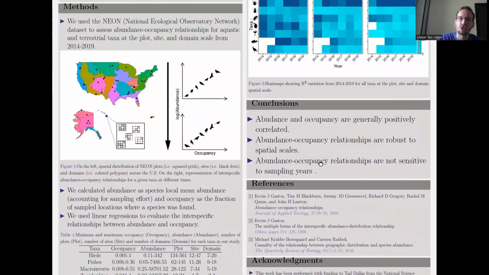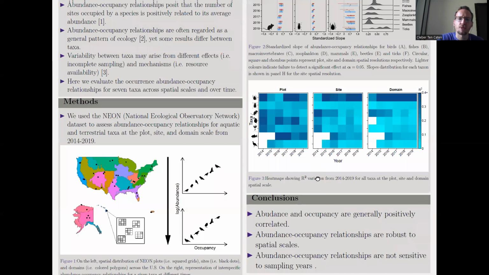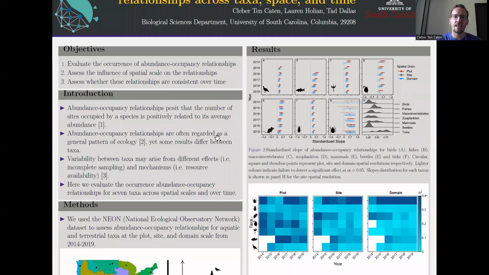And in general, what we observed, as we can see in Figure 2, where we have year on the y-axis and the standardized slope on the x-axis, with the colors red, gray, and blue representing the plot, site, and domain spatial scales, is a general positive relationship between species abundance and occupancy.